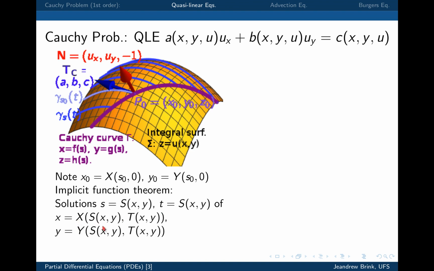Okay, in other words, if that transformation is invertible. So that's just writing out the whole thing.